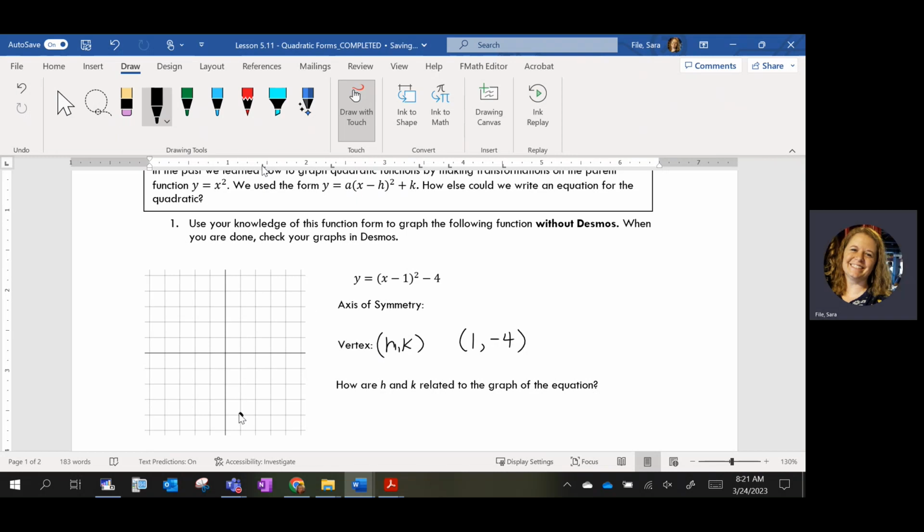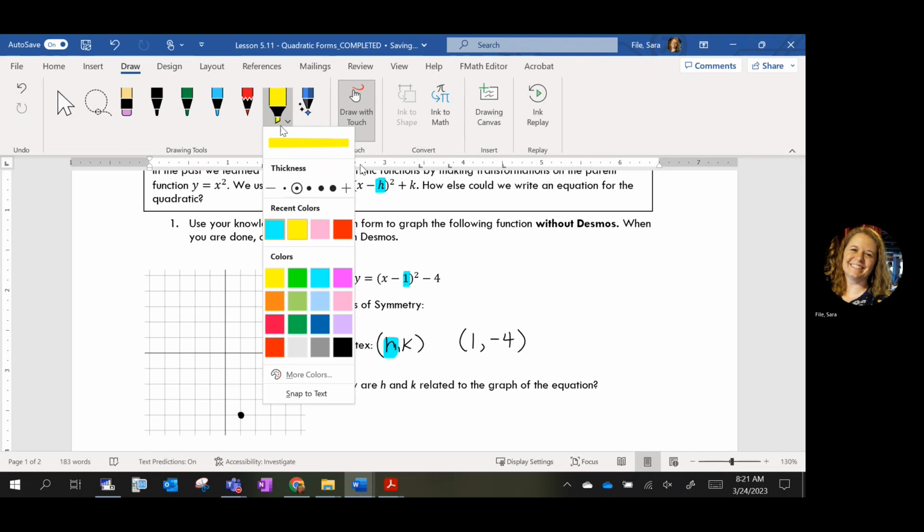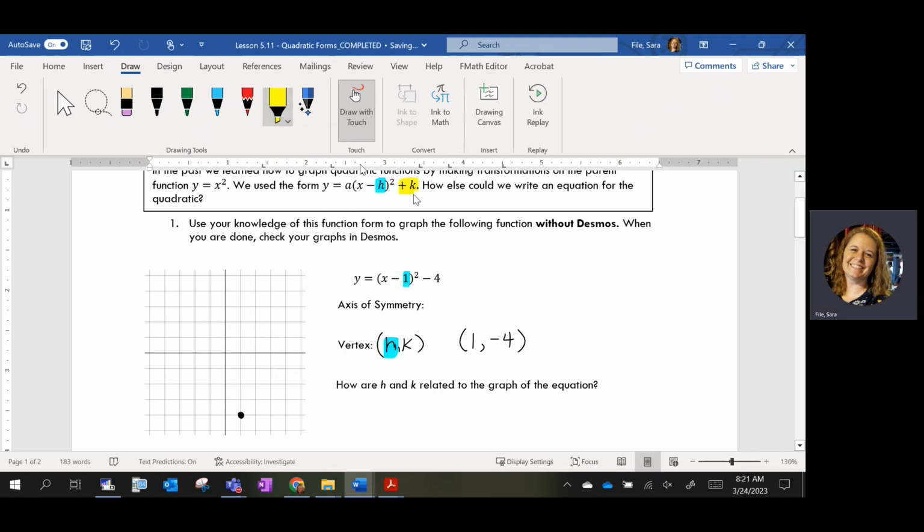Now, what else can you tell me about this parabola based on this equation? The axis of symmetry is the vertical line of symmetry that cuts the parabola in half.